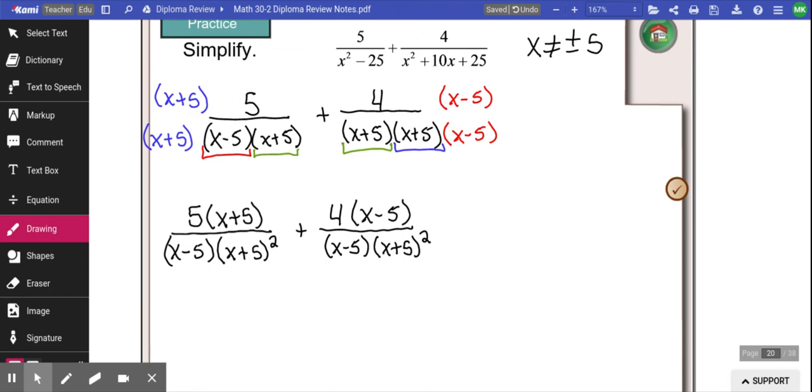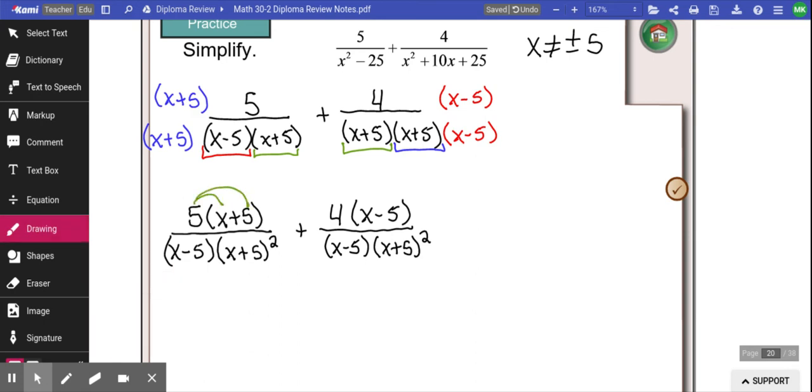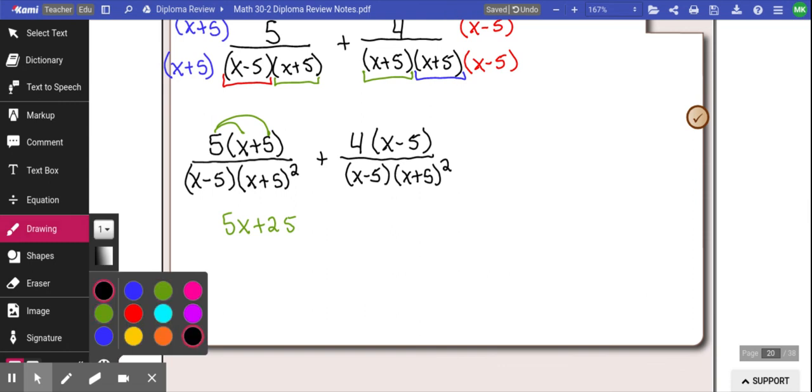The reason I want a common denominator is it allows me to combine them now. The way I combine them is by expanding the top. So the 5 is going to come into the brackets to become 5x plus 25. And the denominator does not change. So the denominator will remain x minus 5, x plus 5 squared.